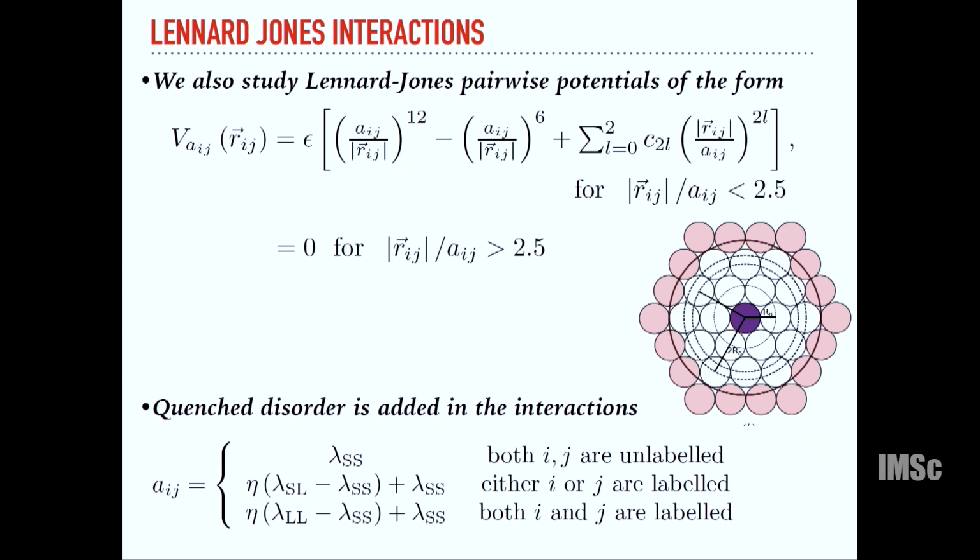You can again add quenched interactions into this model by labeling the particles as either small or large particles, and you can add a little bit of quenched disorder and create near crystalline configurations. Again, these are protocols that are already very well known in the literature, so we are just following that.